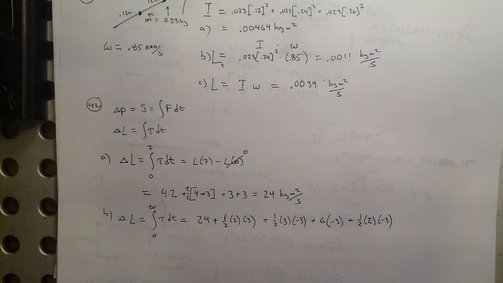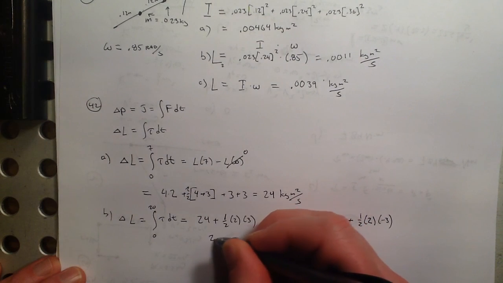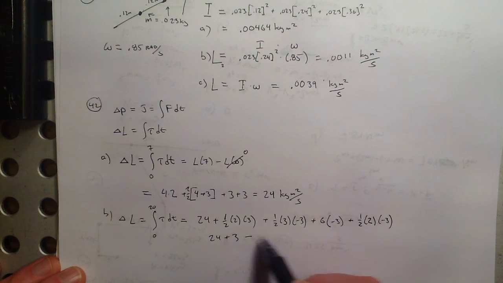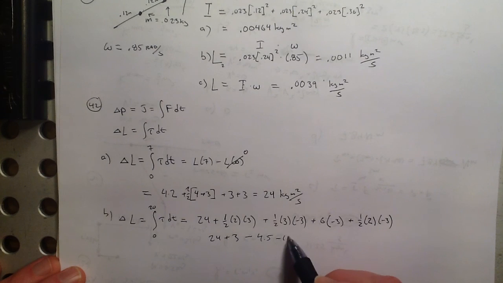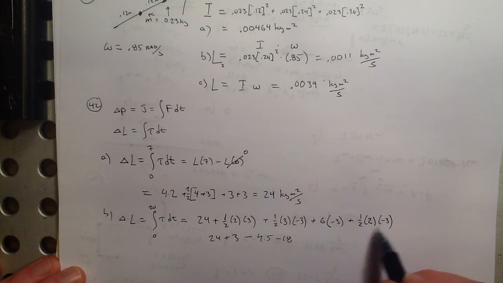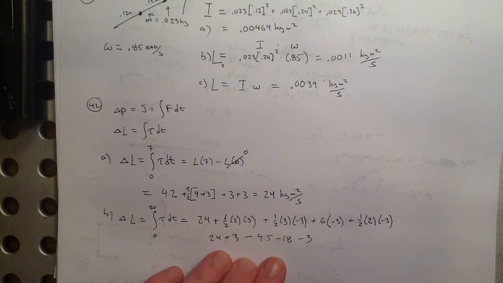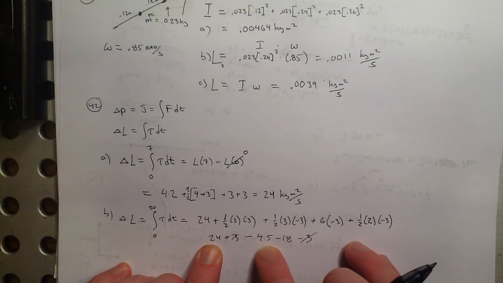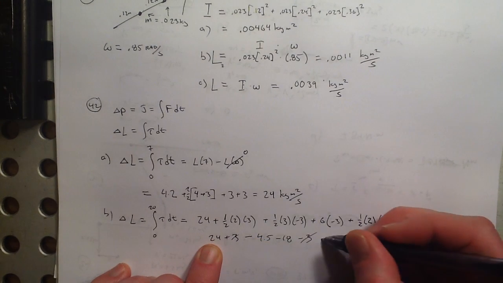I think that does it, right? So that's 24 plus 3 minus 4.5 minus 18 minus 3. So the 3's cancel, and I have 24 minus 22.5.